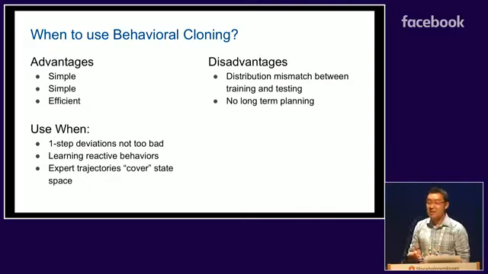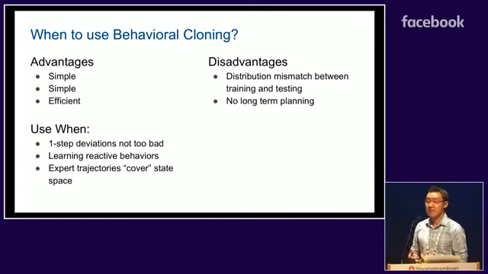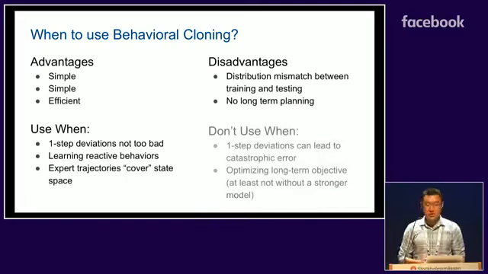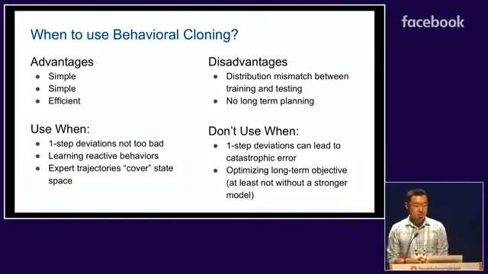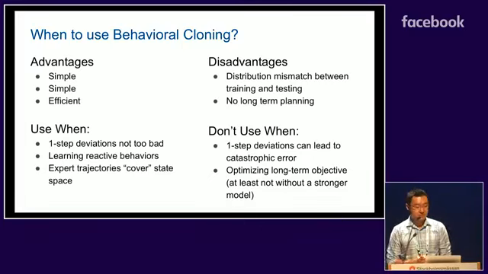If you're learning reactive behaviors where you can quickly recover and get back onto the distribution of the expert, and when the expert trajectories, in some sense, cover the state space pretty well, right? You should not use behavioral cloning when the one-step deviations can potentially lead to catastrophic error, and when you're trying to optimize some kind of long-term objective, at least not without a stronger model class.